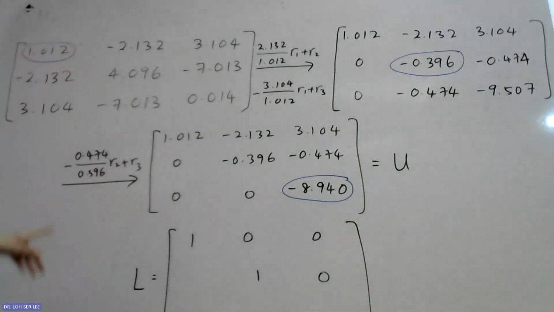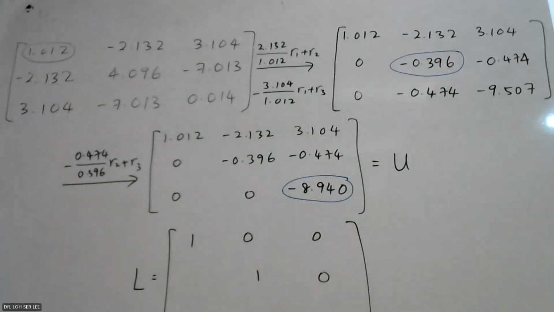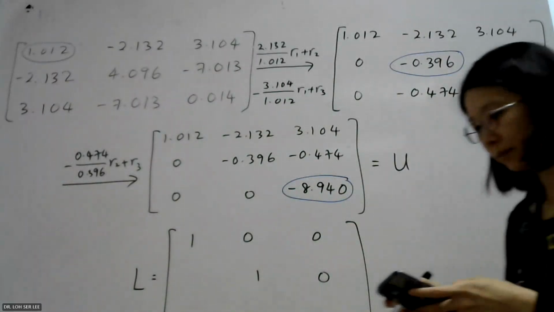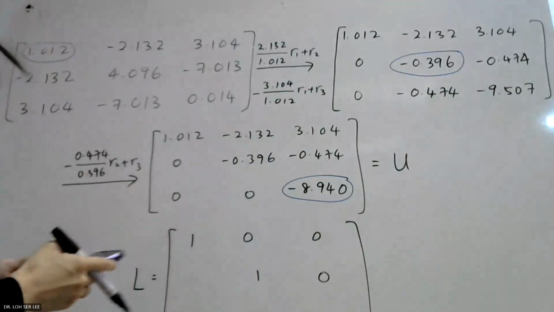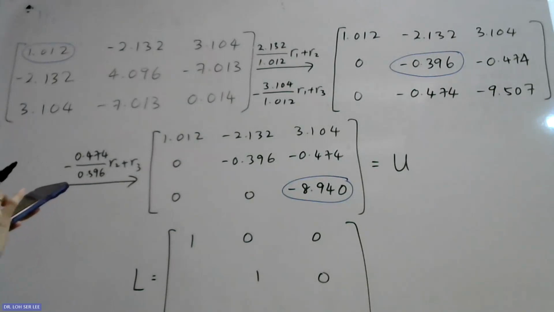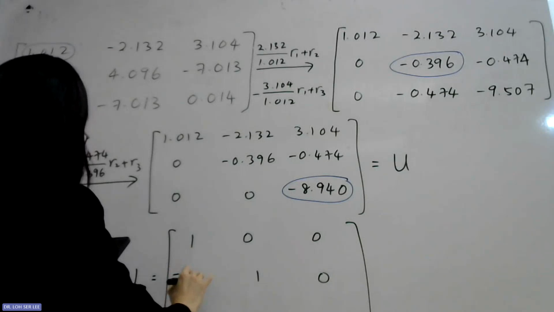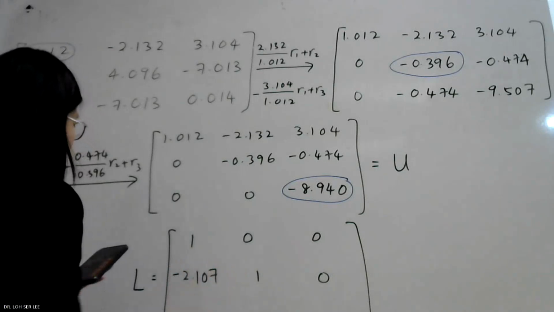Okay, this is your L. So, okay, 2.132 divided by 1.012, negative 2.107.